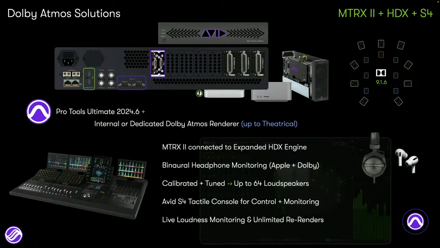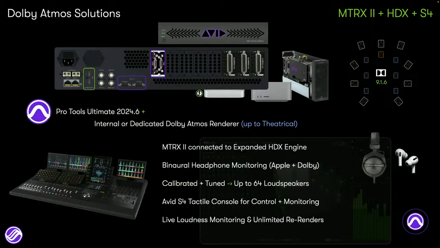It allows you to use either the internal Dolby Atmos renderer that is now native inside of Pro Tools 2024.6, or you can also interface with the dedicated Dolby Atmos renderer. Now, you can interface with that external renderer on the same machine or on a separate machine. Now, you can do that a few different ways.